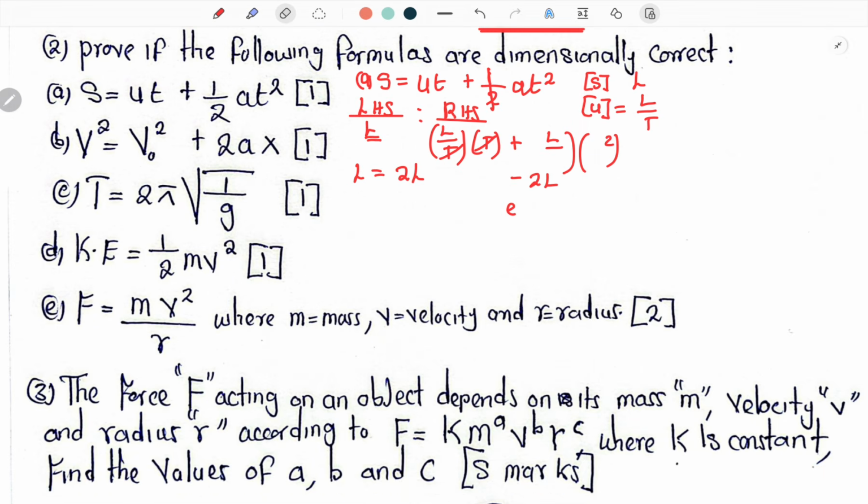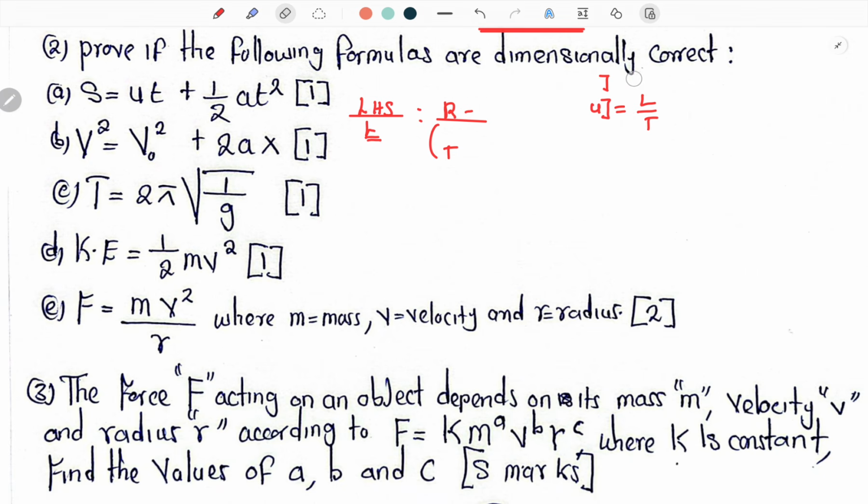Okay, so let's just continue rubbing the board and then we solve as many questions as we can. The second question is actually asking us to find this. So we have v to the power 2 is equal to the initial velocity to the power 2 plus 2ax.